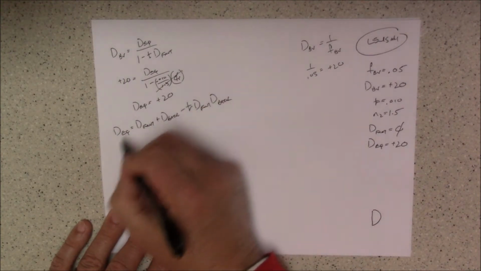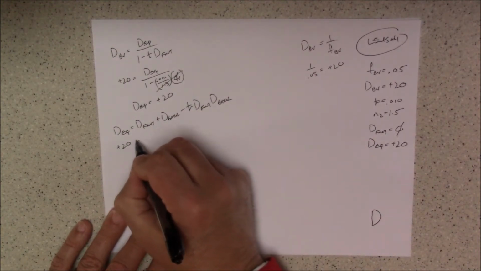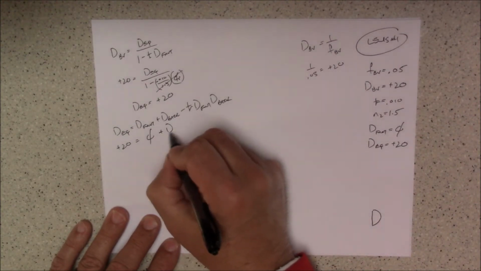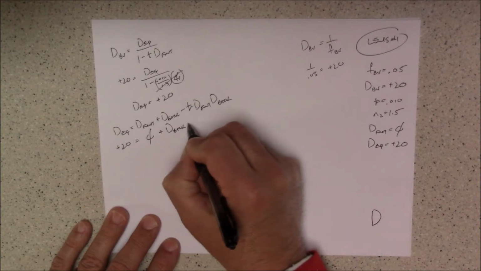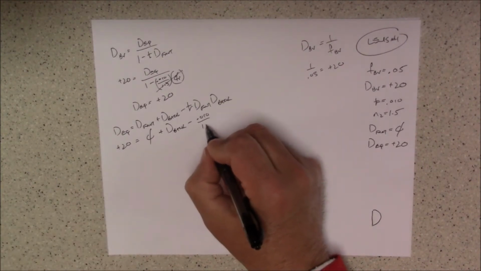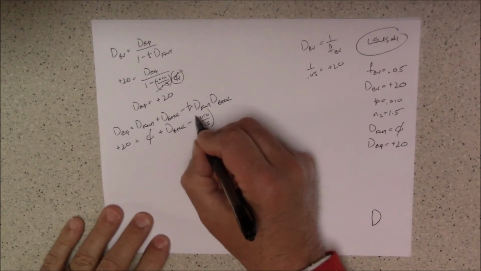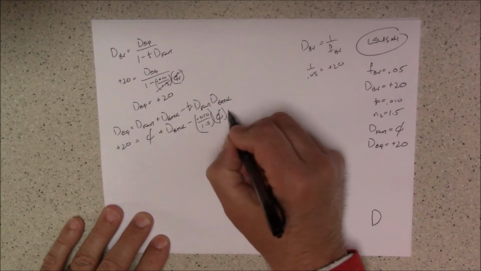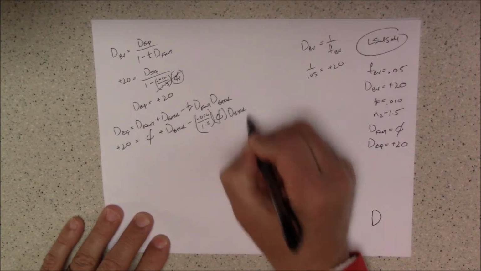The equivalent power you just determined was your 20 diopters. The front base curvature was given to you in the problem as 0. This is the back base curvature, that's what we're looking for. This is the 0.010, your 10 millimeters divided by your 1.5 index of refraction. The front curvature is given again as 0, and then this is what we're looking for, the back base curvature.